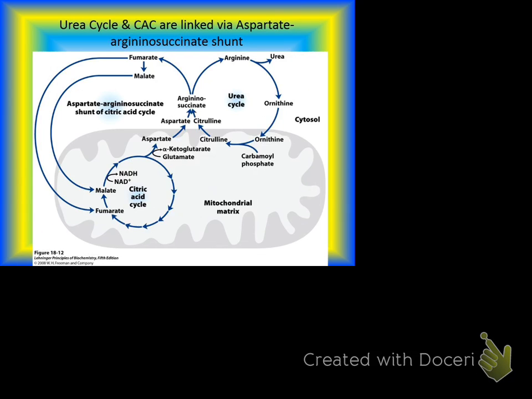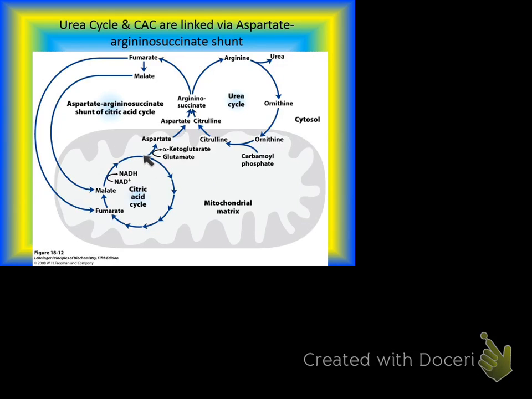Okay, and in case you couldn't tell, the urea cycle and citric acid cycle are linked. I mean, it's pretty obvious with the fumarate, but fumarate can also be transformed into malate using fumarase. And malate, as we already know, and fumarate for that matter, can go back and forth between the mitochondrial matrix and the cytosol. Most of the urea cycle takes place in the cytosol, except for that first official step, the step 0. And so they call that the aspartate argininosuccinate shunt, because we can get aspartate from the citric acid cycle via what intermediate?